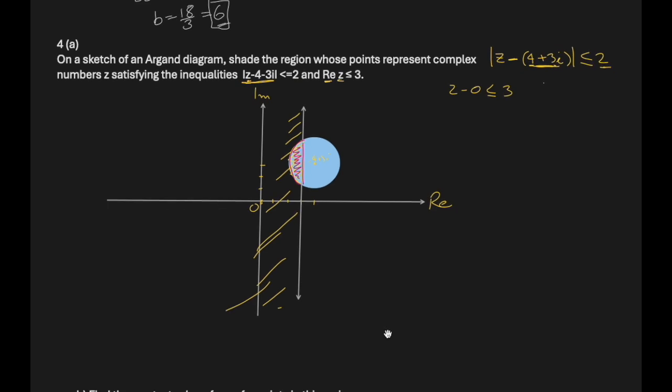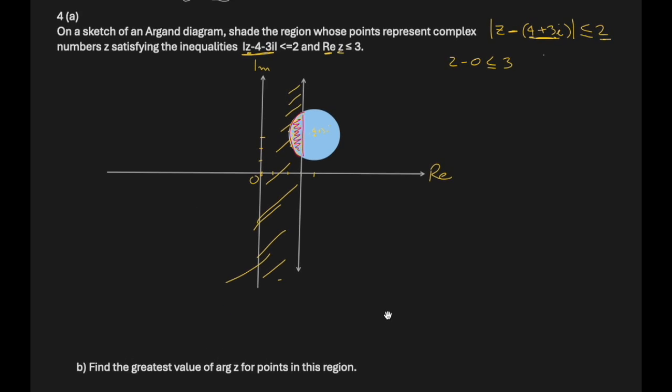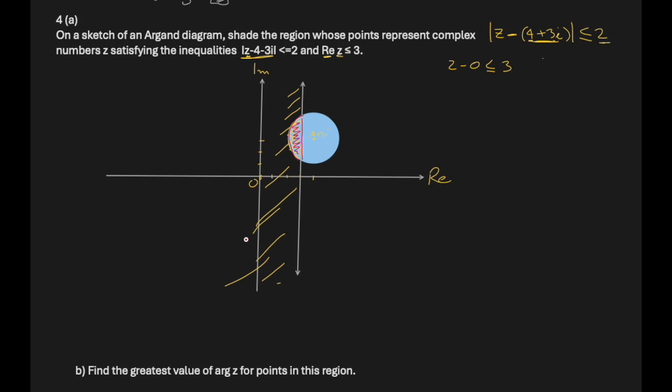Okay, find the greatest value of argument of Z. Argument of Z can be written as Z minus 0, with reference to 0. That means from origin the Z's argument should be greatest. So let me draw a line and we'll decide together where it is greatest.